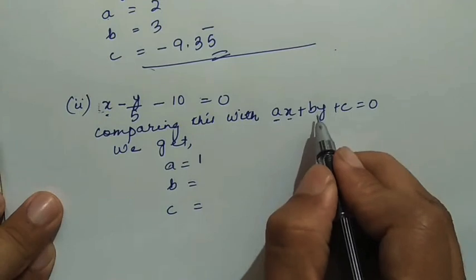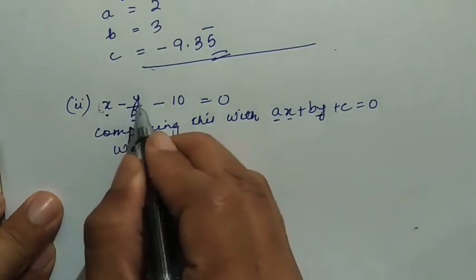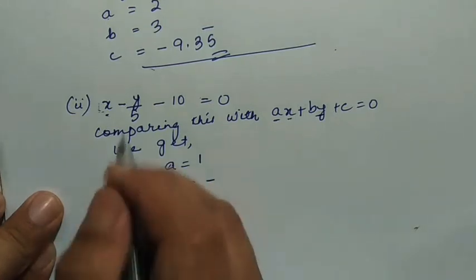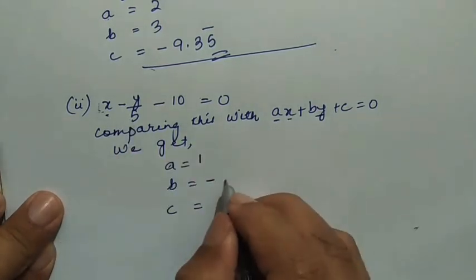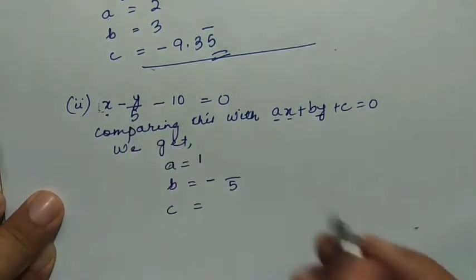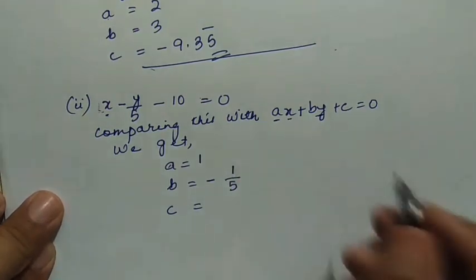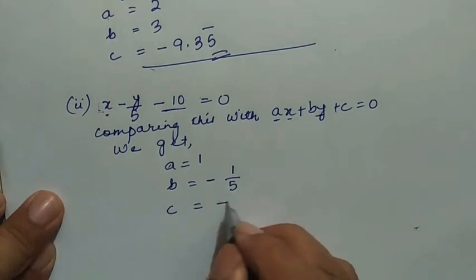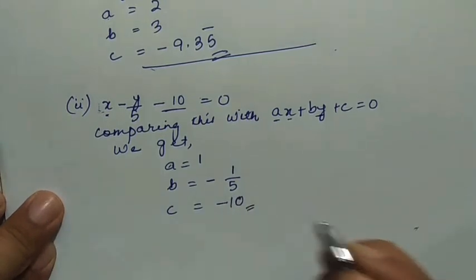And b: with y there is a minus sign, so we have to put minus, and 5 is in the denominator, so the numerator is 1, so b is minus 1 by 5. And then c is this one, minus 10, so c will be minus 10. So this is the answer.